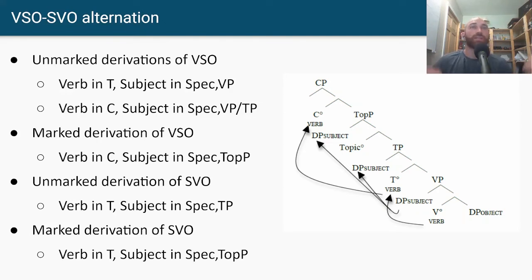It has been claimed that in some cases, VSO clauses can have a topicalized subject. And her analysis allows for that. So this would be a case where the verb is to the left of the subject, VSO, but the subject is still a topic. The way you can derive this is by allowing for multiple positions of the verb and multiple positions of the subject.